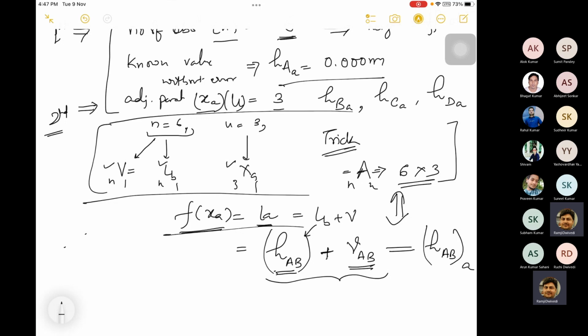Now you know that this problem cannot be a non-linear problem because it's a simple height difference between 2 points. But in order to hold this equality, what value do you have to write?